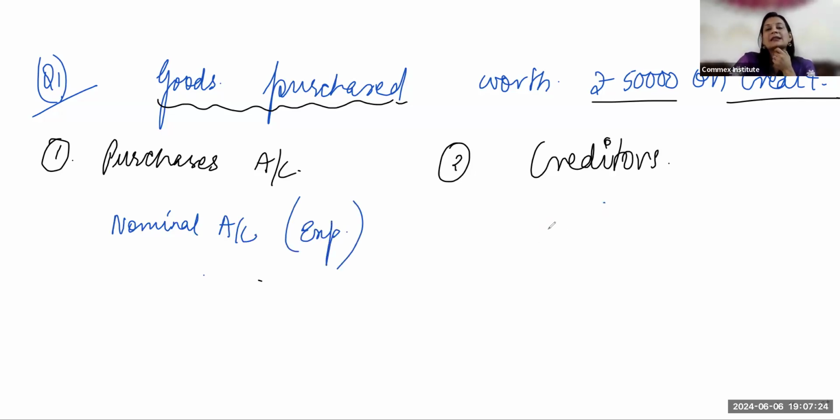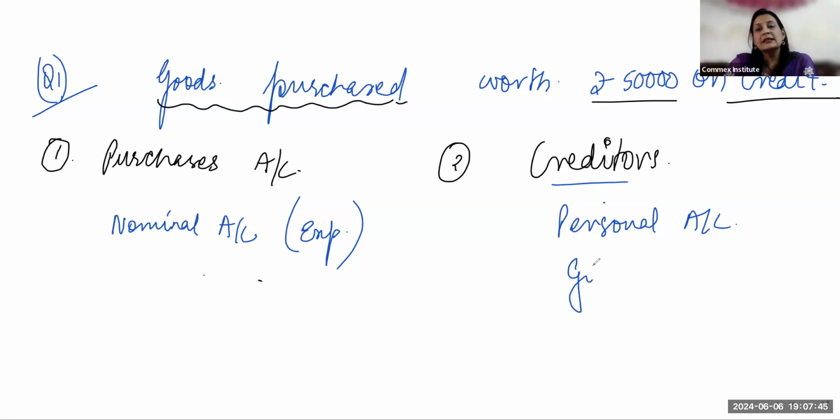And creditor is my personal account, the name of the party from whom I'm purchasing. And here, the creditor is the giver. He is giving me the goods.